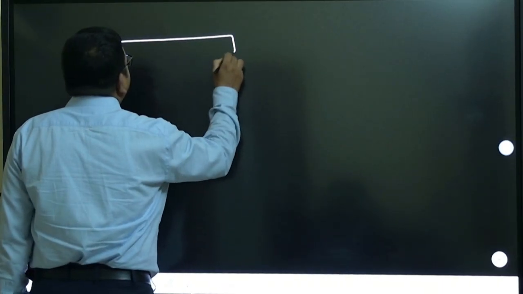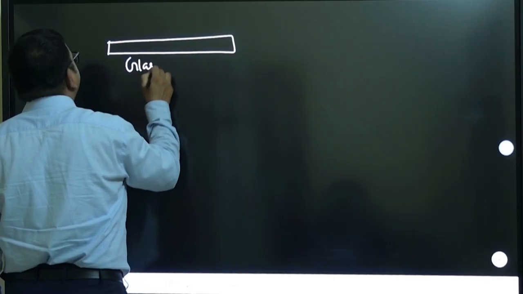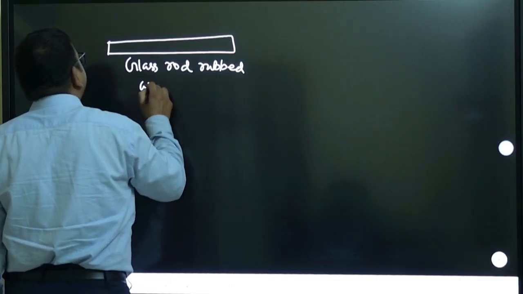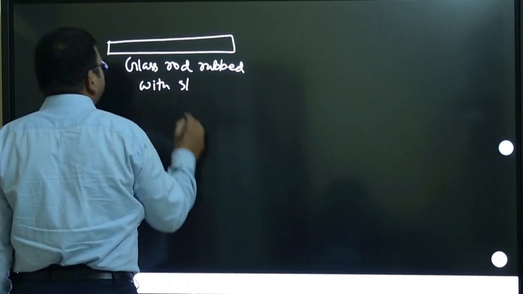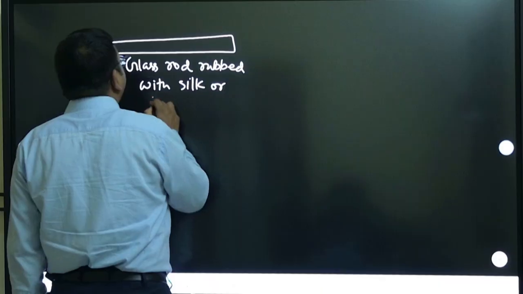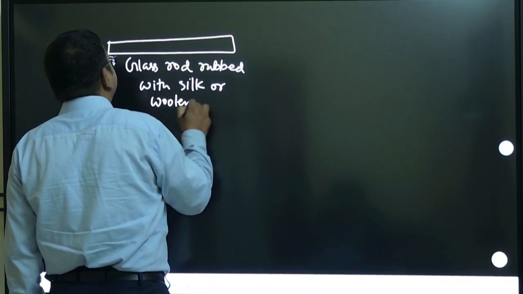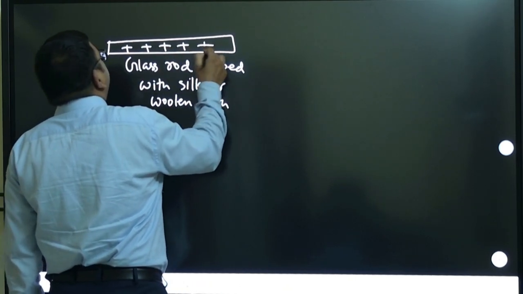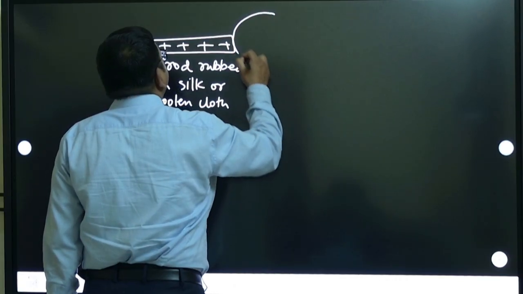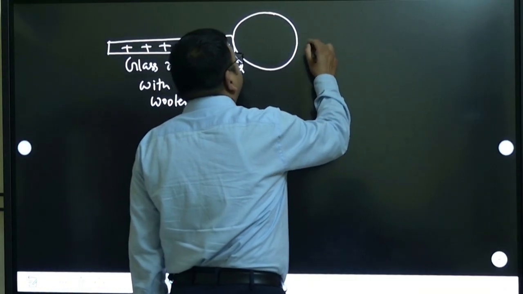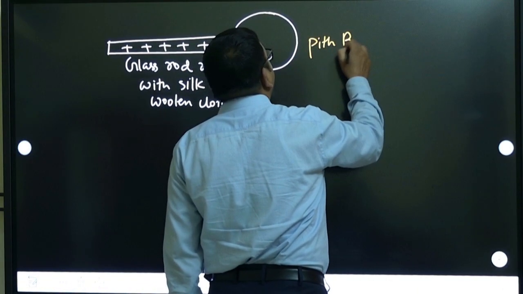This glass rod is rubbed with silk or woolen cloth, so it has positive charges, and now you are touching a spherical ball which is called a pith ball.